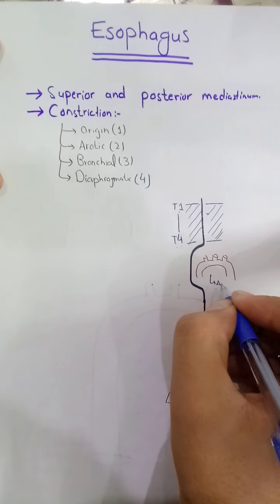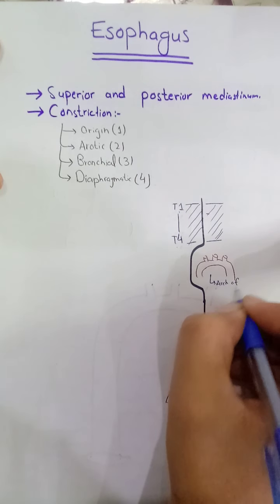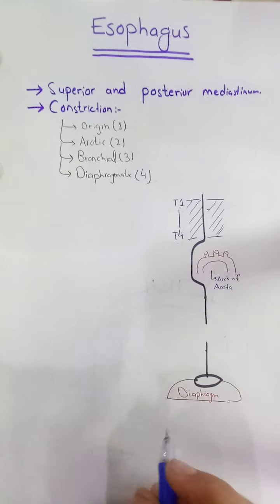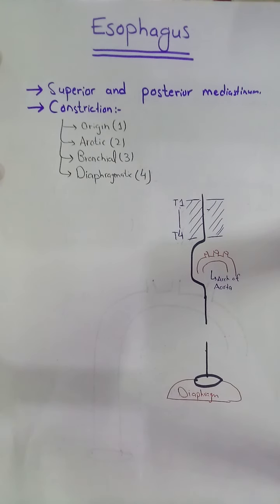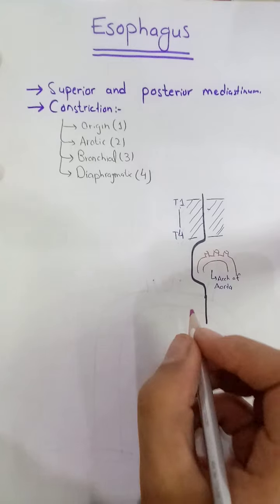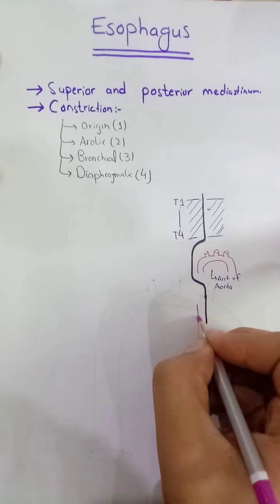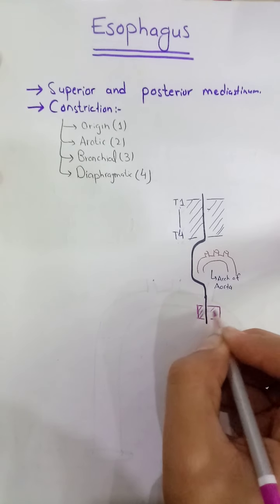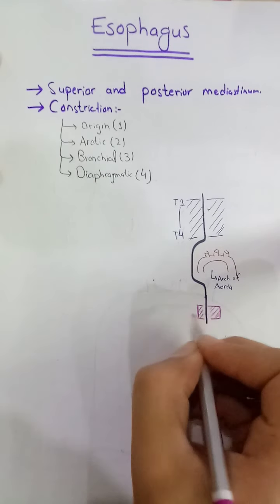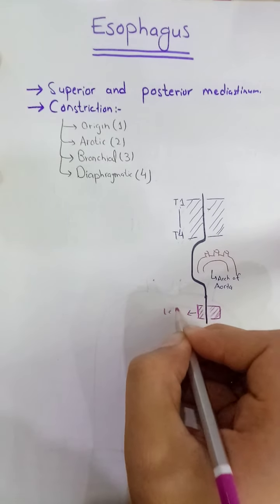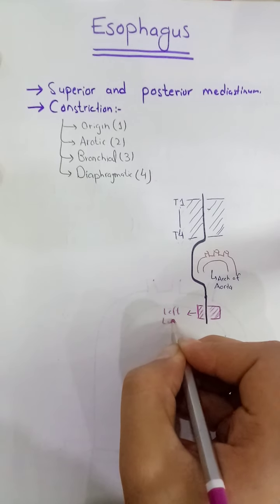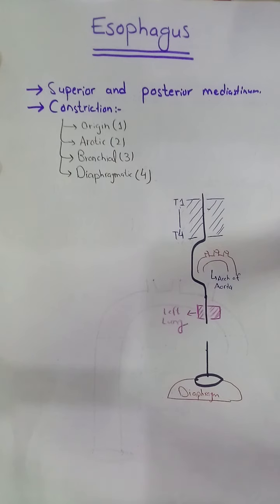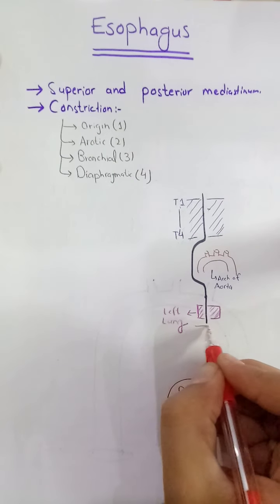This was the arch of aorta. Then it will be present anterior to the left lung. This will be the left lung, and it is present anterior to the left lung. Then it will move posteriorly.